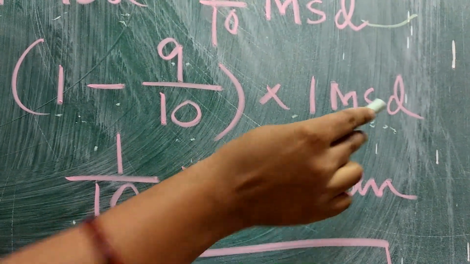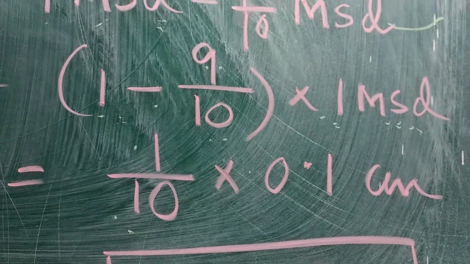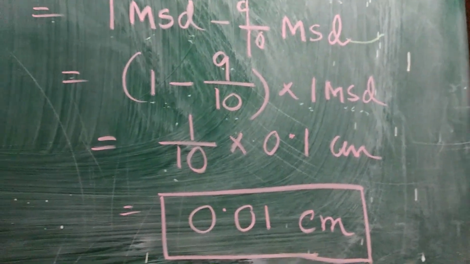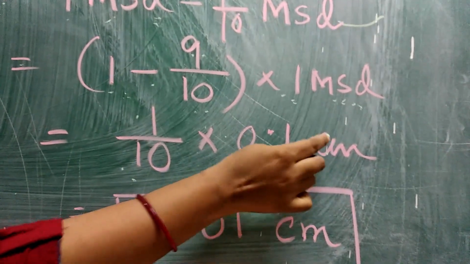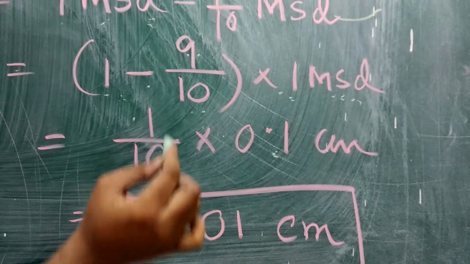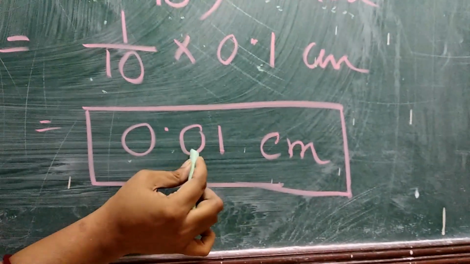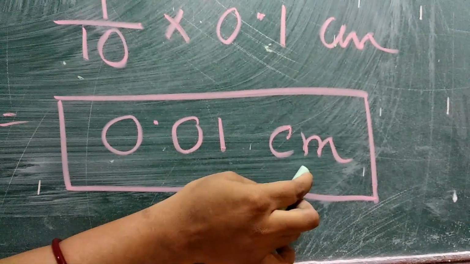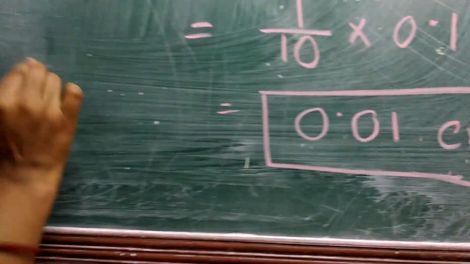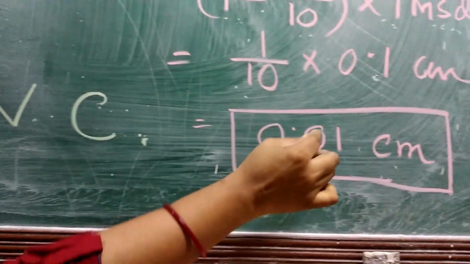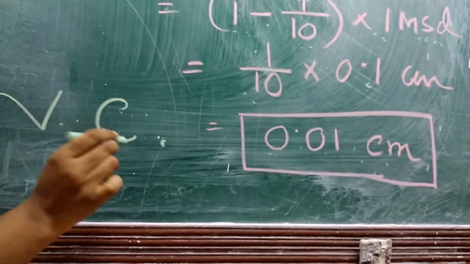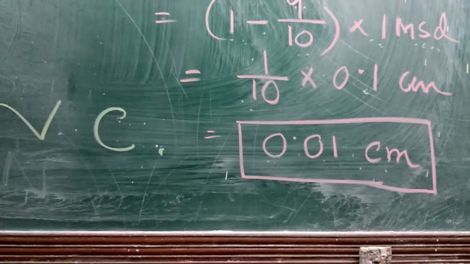And what is 1 main scale division? Main scale runs in centimeter unit. So what is 1 smallest division? That is 0.1 centimeter or 1 millimeter, whatever it is. So it becomes 0.01 centimeter. So the vernier constant is 0.01 centimeter for the particular tool we are using here.